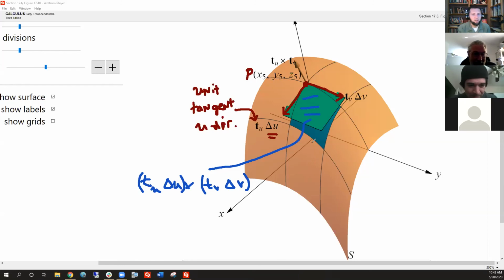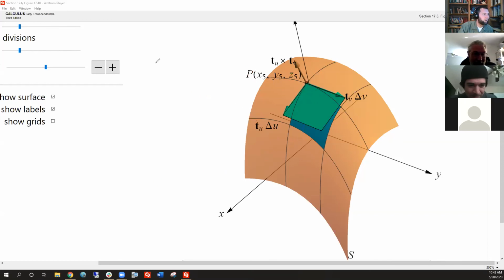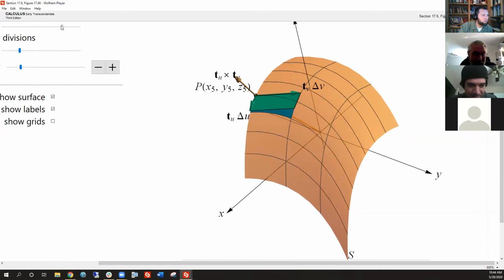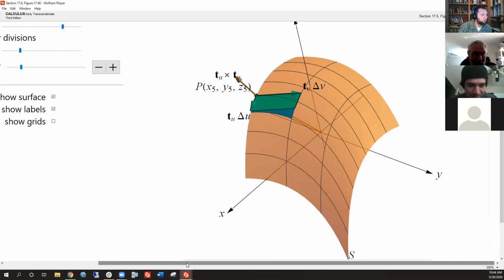Questions about that derivation? Very good. I think it should be clear from all the calculus that you've done that if we increase the number of patches, that's going to decrease the size of the parallelograms, and our parallelograms are going to get closer and closer to our patches.